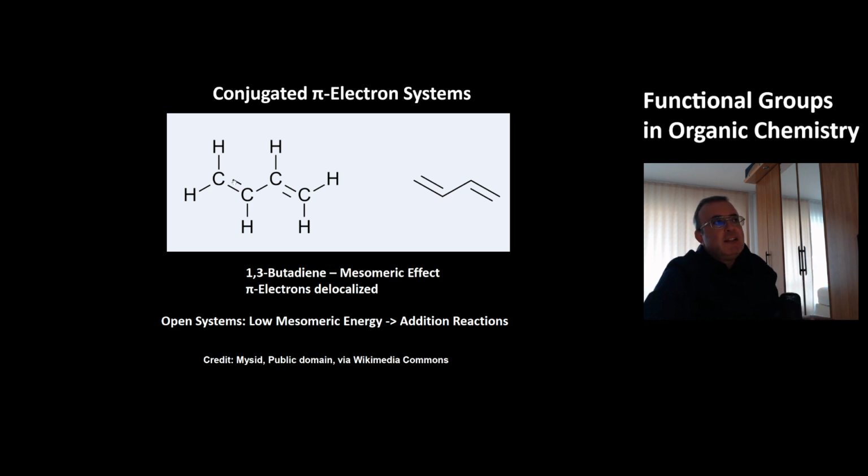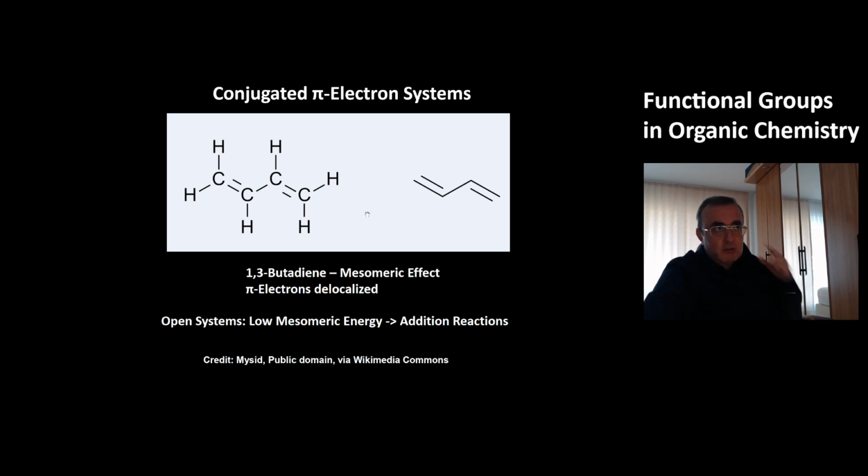This means you have sigma bonds, which are localized, but in addition, when you have double bonds, you have pi electrons, and all the p orbitals overlap, and you get a delocalization of the pi electrons. The 4 pi electrons can move freely between those 4 carbon atoms.